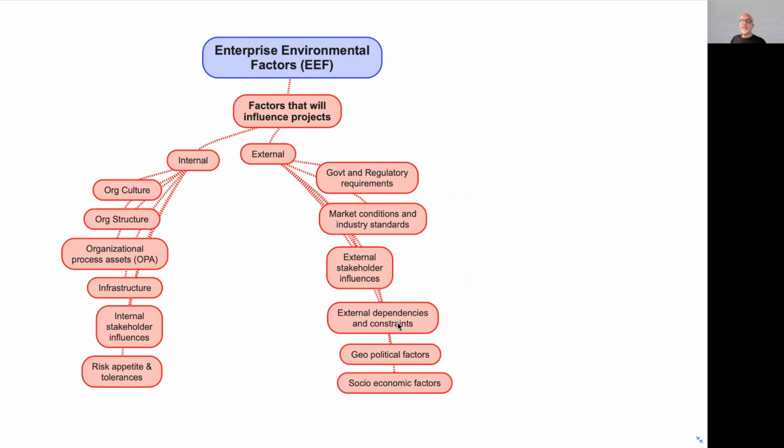Then external dependencies and constraints. For example, if I'm starting a construction project in South India, I should not plan it in the months of June, July, August, because that is the rainy season. That is a constraint.